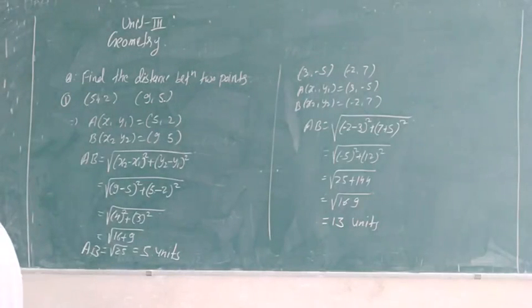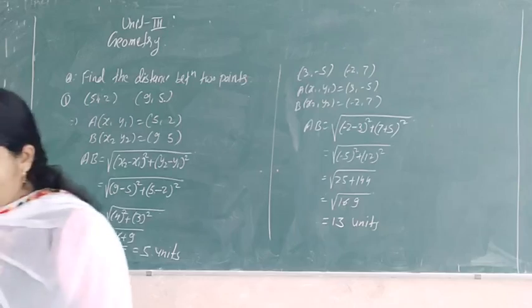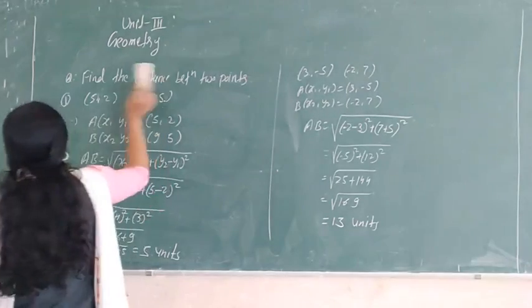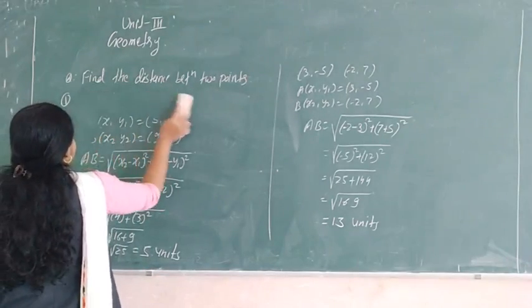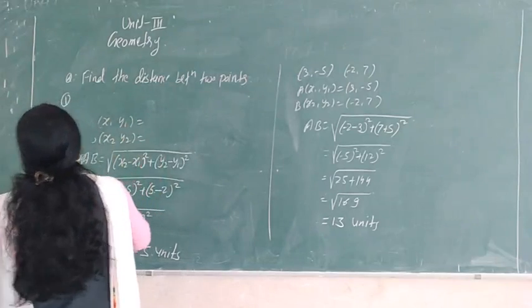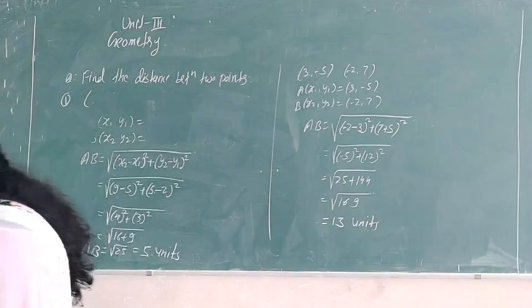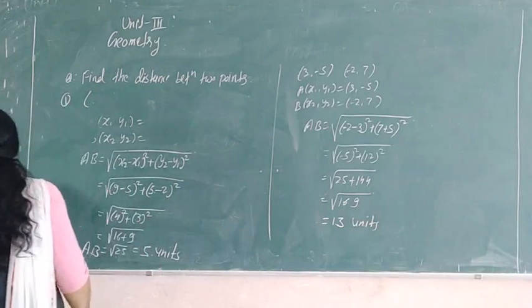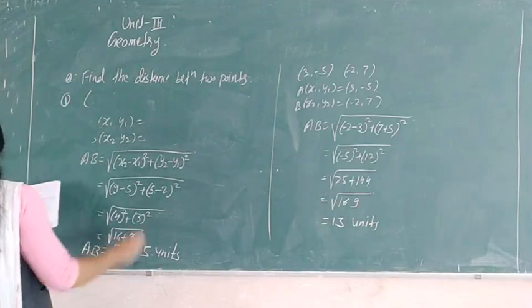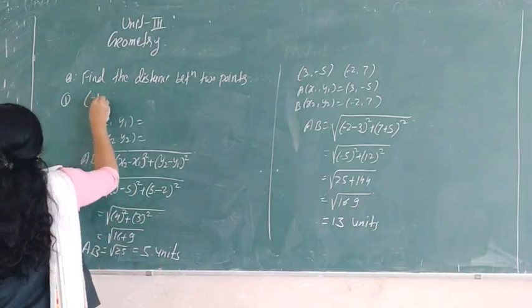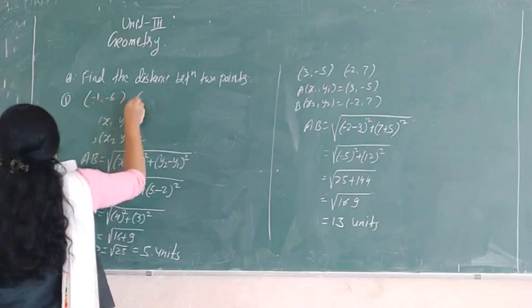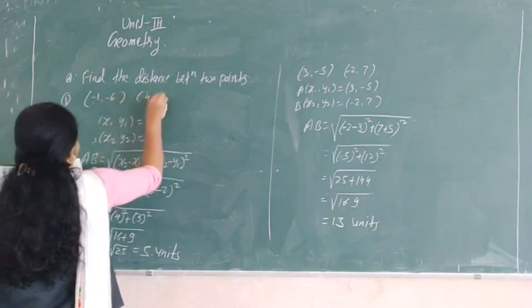Similarly, we are having the next ones. Many examples are there. The first one is (minus 1, minus 6) and (4, minus 1).